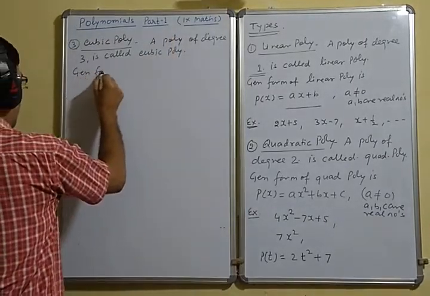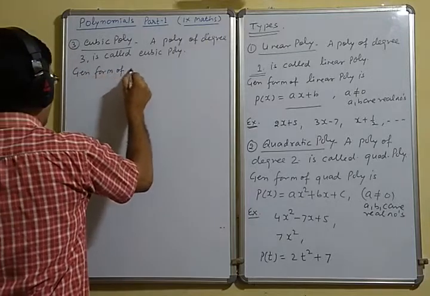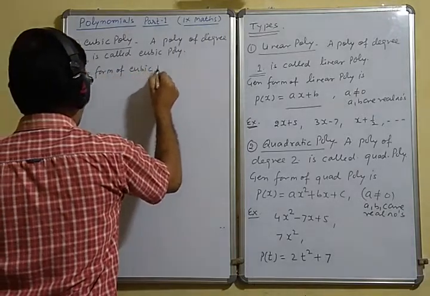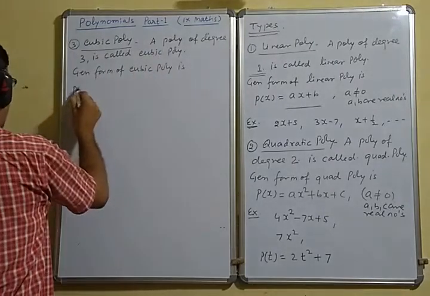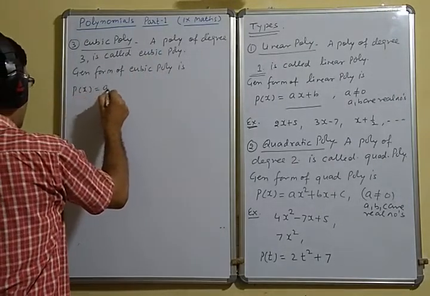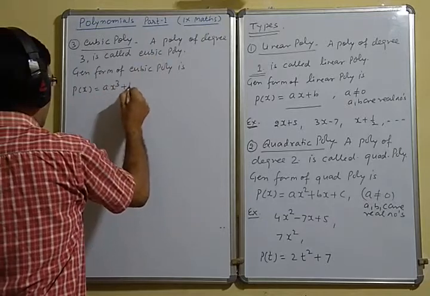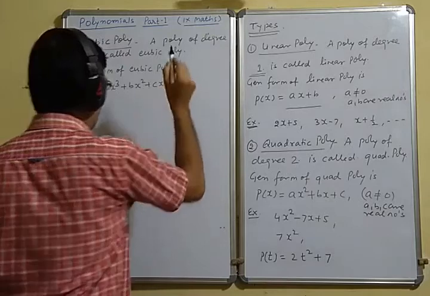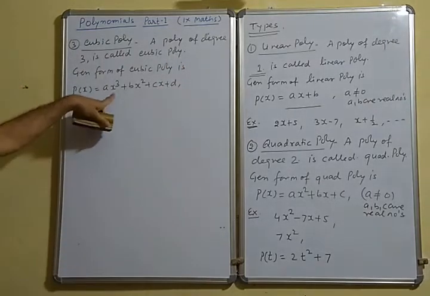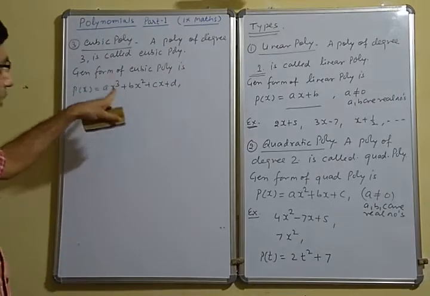The general form of a cubic polynomial is p(x) = ax³ + bx² + cx + d. The degree is 3, so that's why it is called a cubic polynomial.